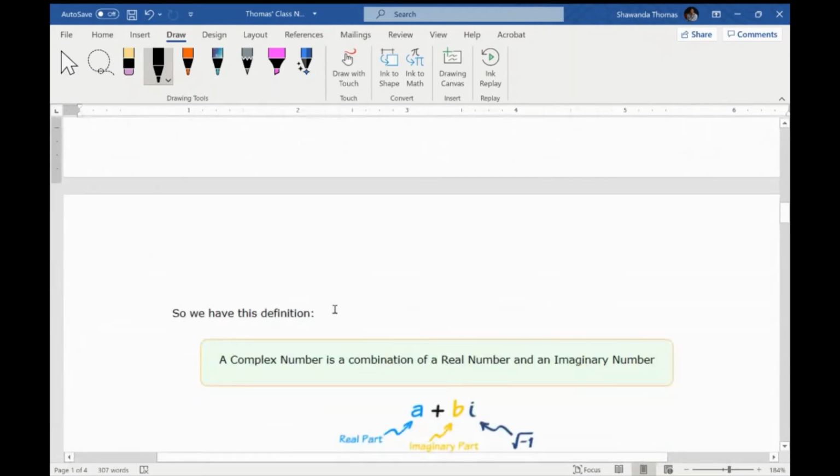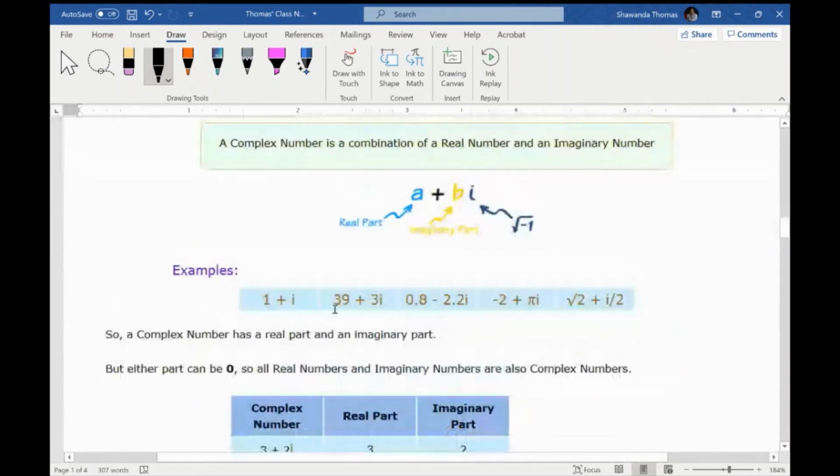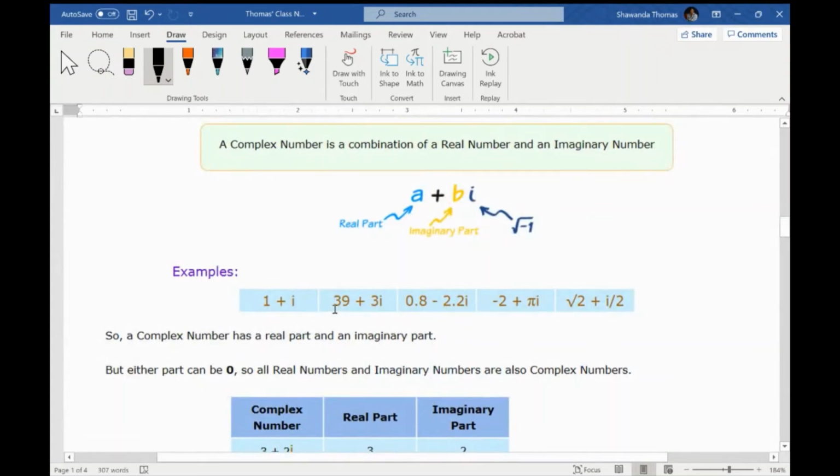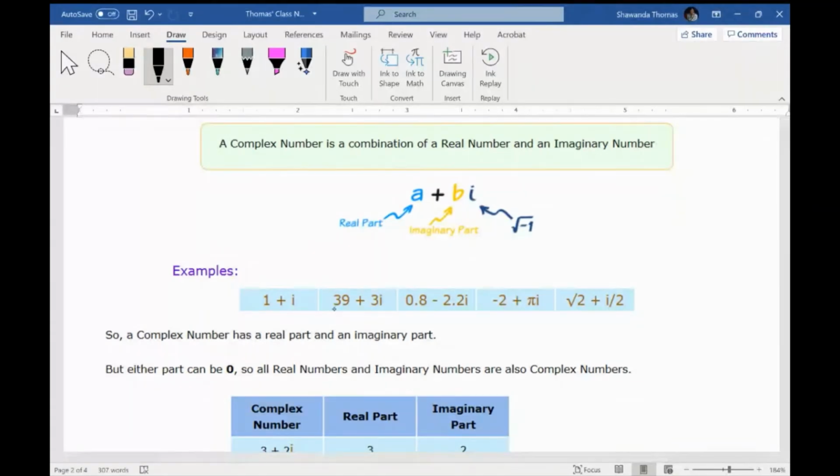All right. So we have this definition. A complex number is a combination of a real number and an imaginary number. The standard form, write this down, is a plus bi. So this is the standard form of a complex number.